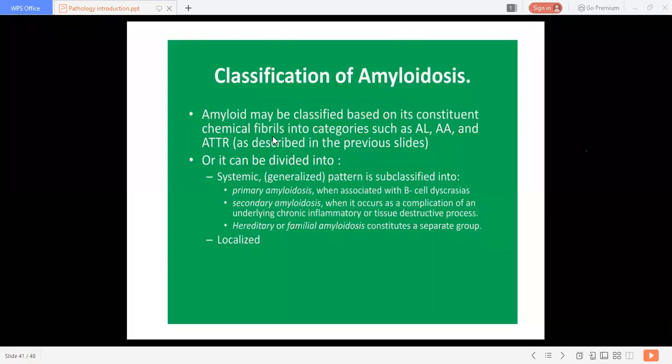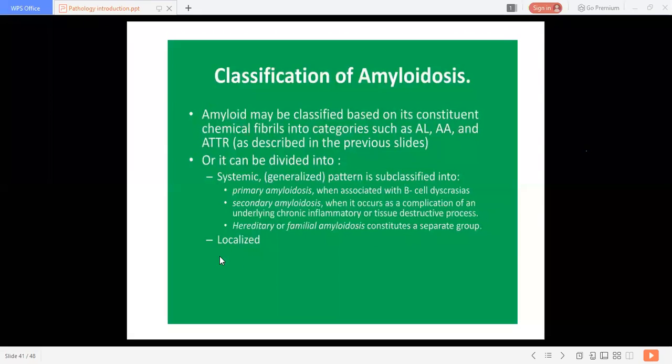So this is all about the classification of systemic amyloidosis. The next classification is about the localized type.